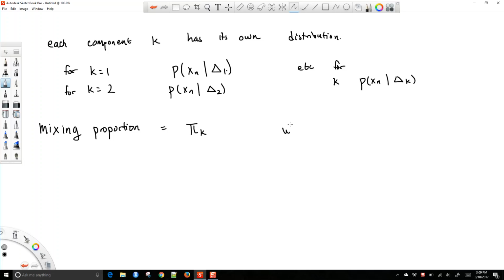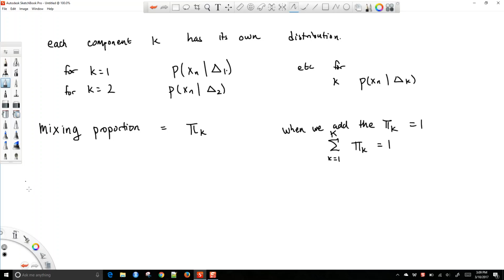So the sum of pi sub k is equal to 1 for k equal to 1 to capital K.